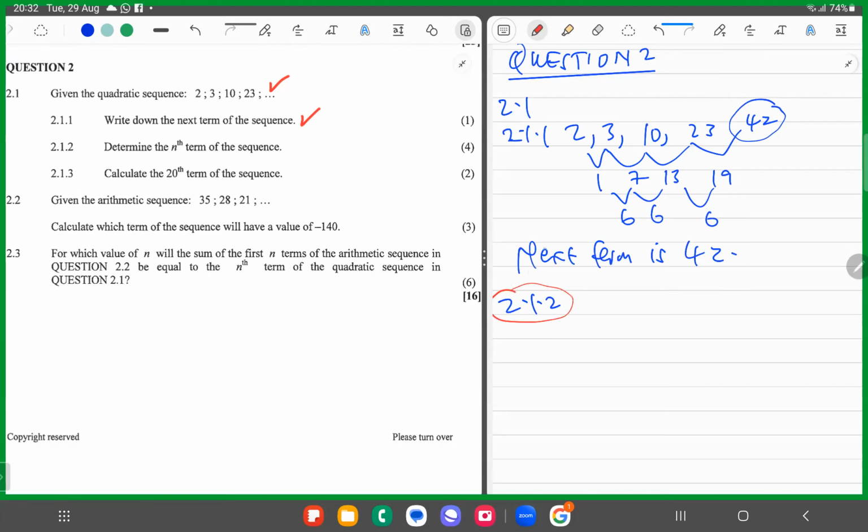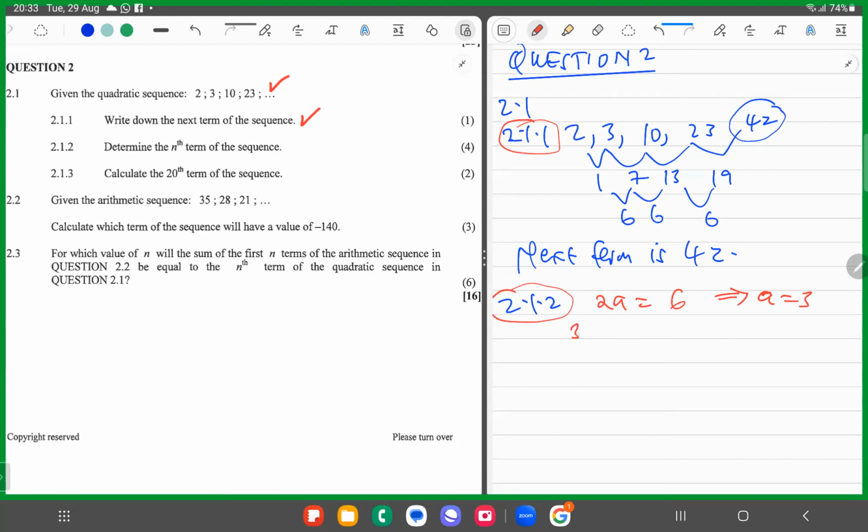Okay, so you have this. Right, determine the nth term of the sequence. What is the nth term of the sequence? So it's easy. We start by saying 2a is equal to 6. If 2a equals 6, we divide both left and right by 2 and we get a equals 3.